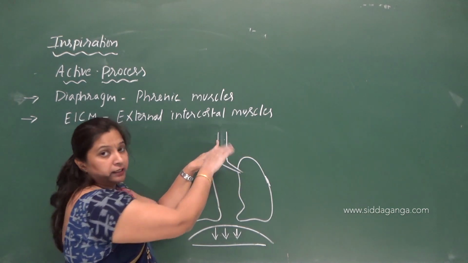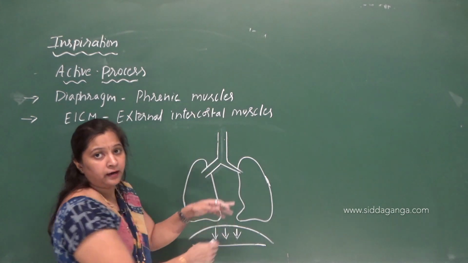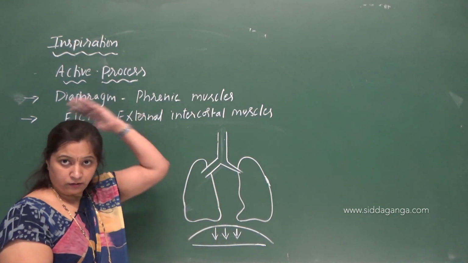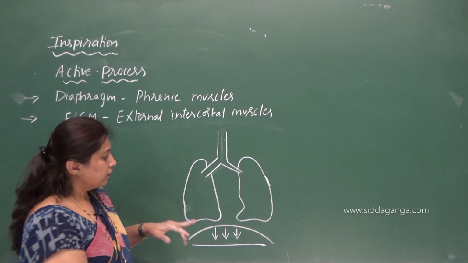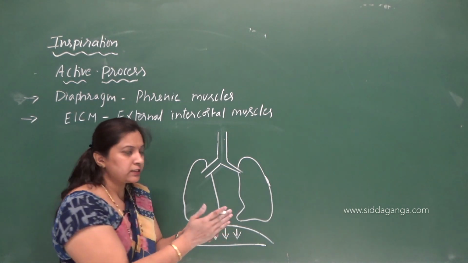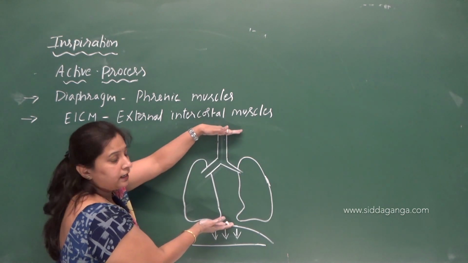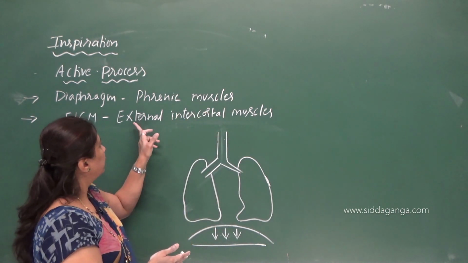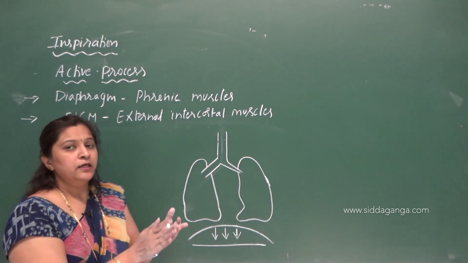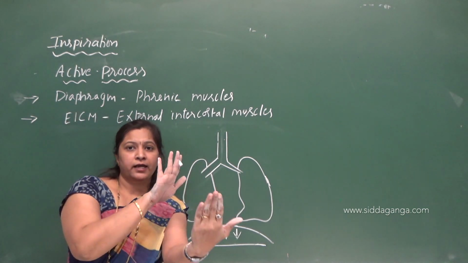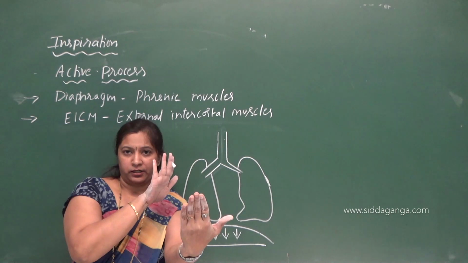Upper side is anterior, lower is posterior, front is ventral, back is dorsal.